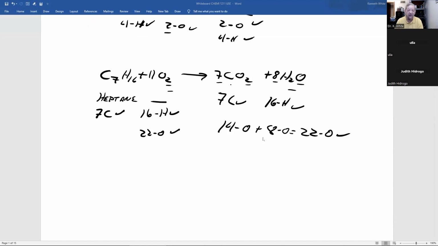Now, someone beat me to the punch. That's an American expression. What's the sum of the coefficients? What's the coefficient in front of C7H16? 1. Then we have plus 11, plus 7, plus 8.